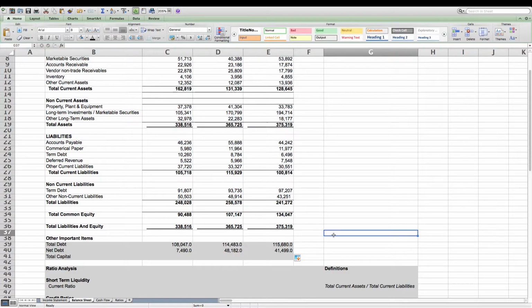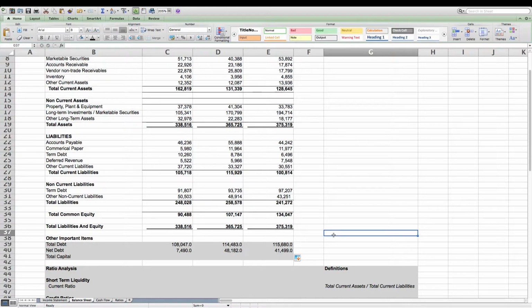Now, let's look at the next item that we have here. It's called total capital. And what's total capital? Total capital is the amount of funds which are invested into a company by the company's investors. And so if you take a step back, what are the main sources of a company's capital? When a company wants to raise money, there are two things that it can do. One, it can go and ask for debt.